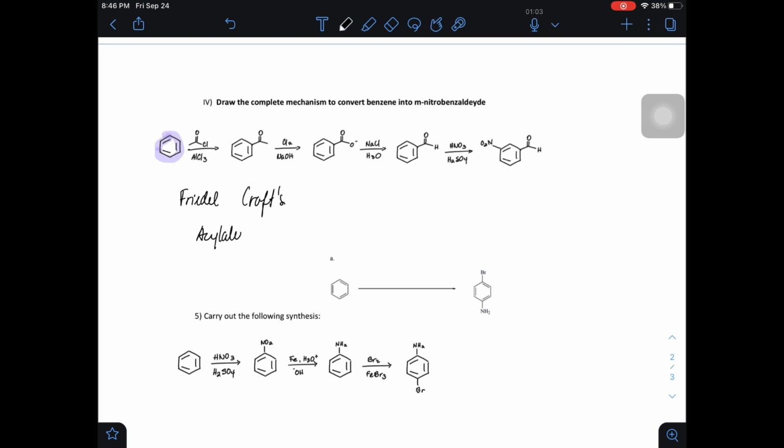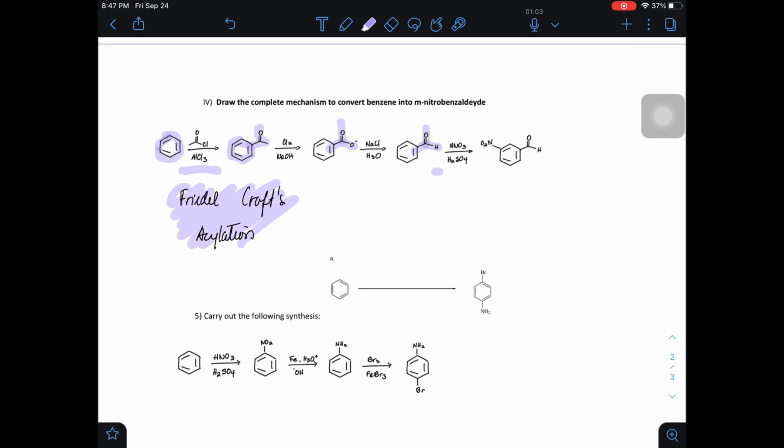That's what we see on this step right here, and this is the product that is formed. After that, we are going to have some nucleophilic substitution here that's going to give us the next product, and after that, the last step is going to be nitration over here.